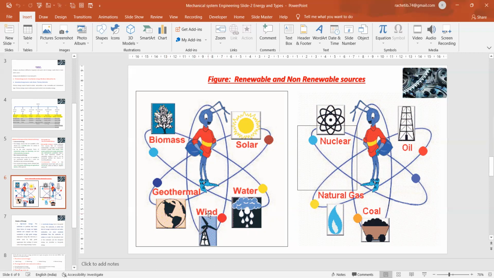Wind, that is available from the air. Water is available from, you can say, rains. So non-renewable sources of energy are nuclear, oil, coal, and natural gas.